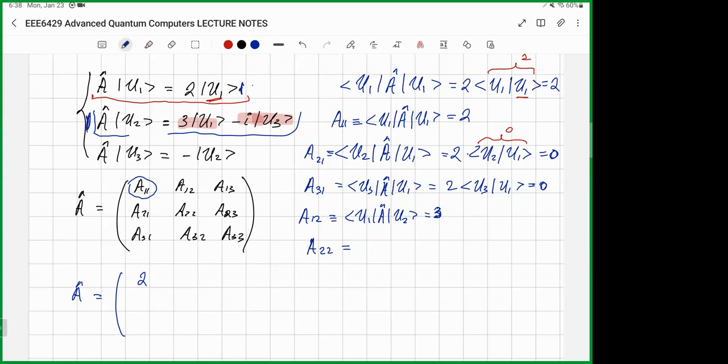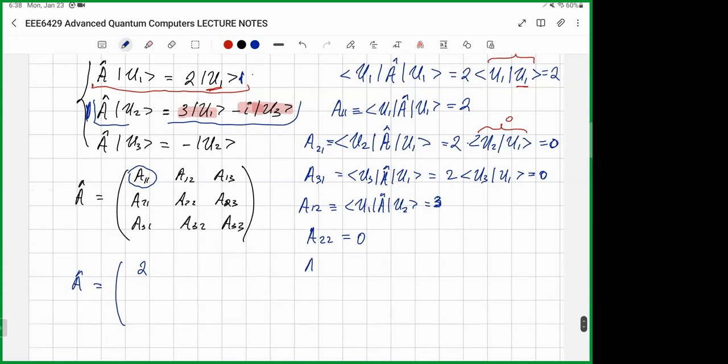So I conclude that the component A22 is equal to 0. And next, A32. The same way, I multiply by u3. The first term is gone. The second one is equal to minus i.